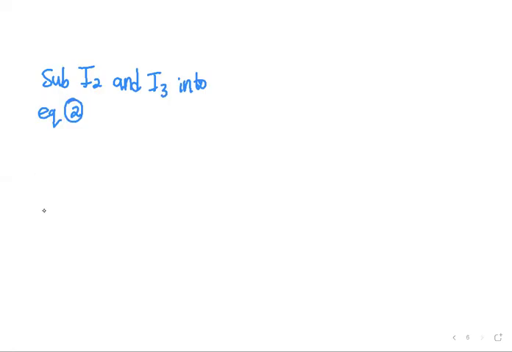So as we write our equation number 2, it says 30 equals 20 I1 plus 20 I2 minus 90 I3.